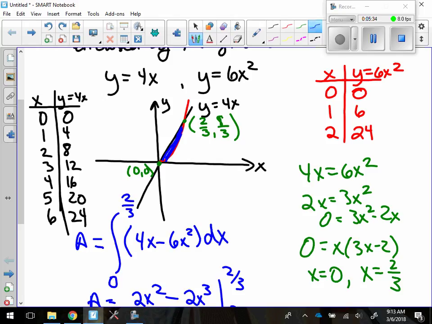We'll rotate it around the y-axis and get a cup that has straight sides on the inside and curvy sides on the outside. Or we'll rotate it this way and again get a cup, with straight sides on the outside and this curvy thing on the inside.